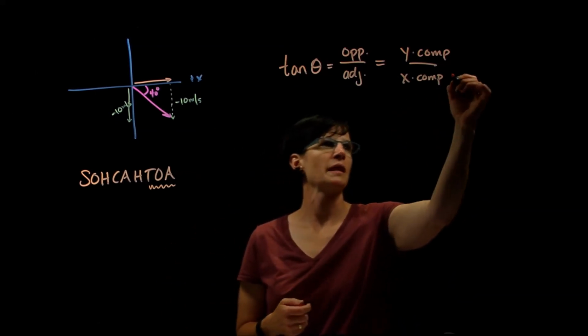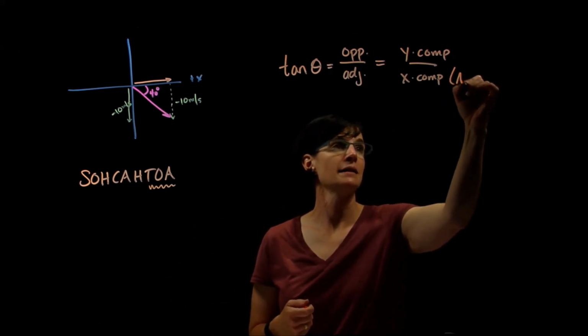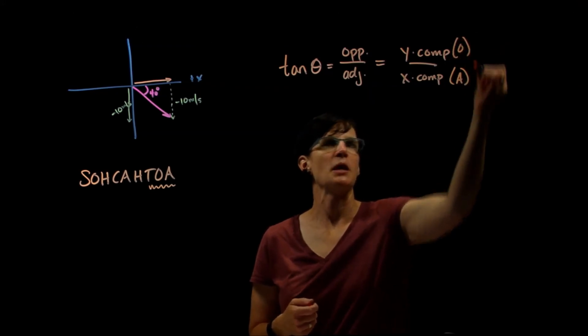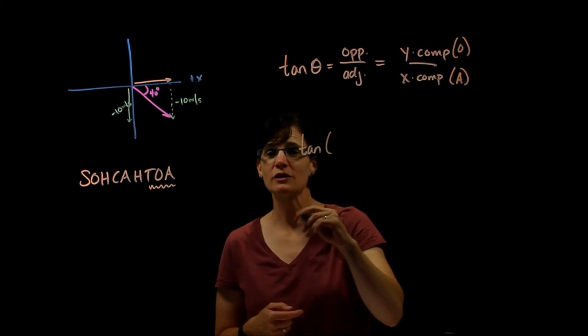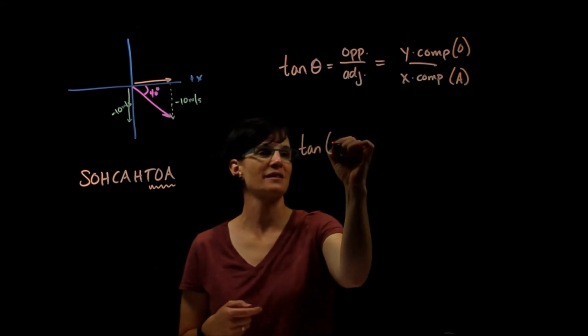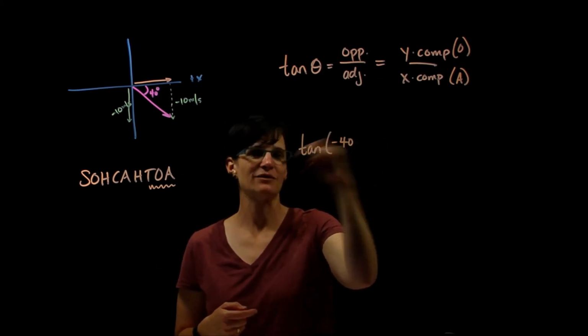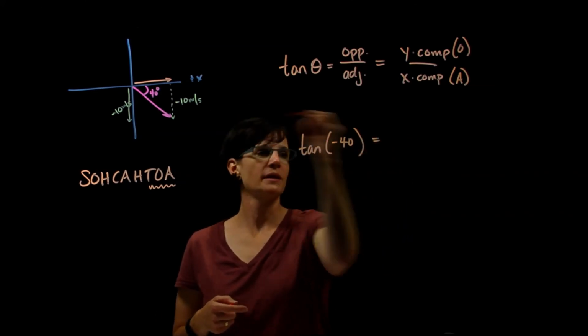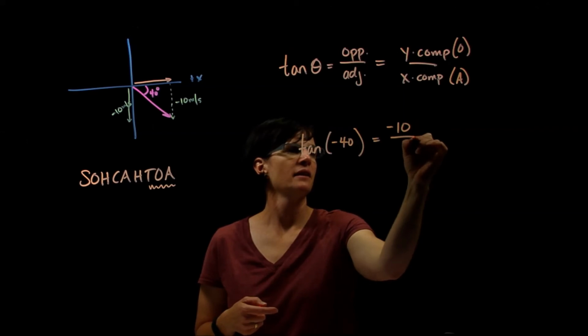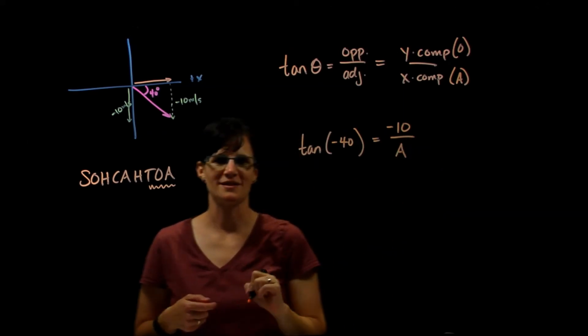We're going to label that A in our example. That'll be O. So the tangent of the angle, my angle is 40 degrees, but it's 40 degrees below the positive x-axis. So that's a negative 40 going in the counterclockwise direction, is equal to the y component we're given as negative 10 over what I'm interested, the adjacent.